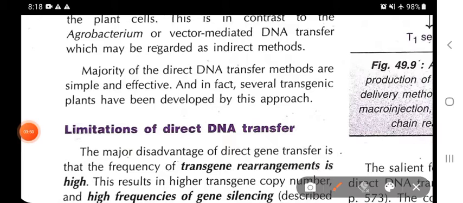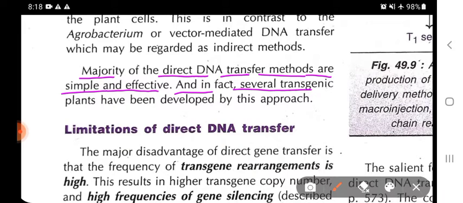Majority of the direct DNA transfer methods are simple and effective. So they are not complicated, but obviously, to improve the efficiency of this technique, we make some modification, we add some chemicals at proper concentration for making our DNA transfer work well.